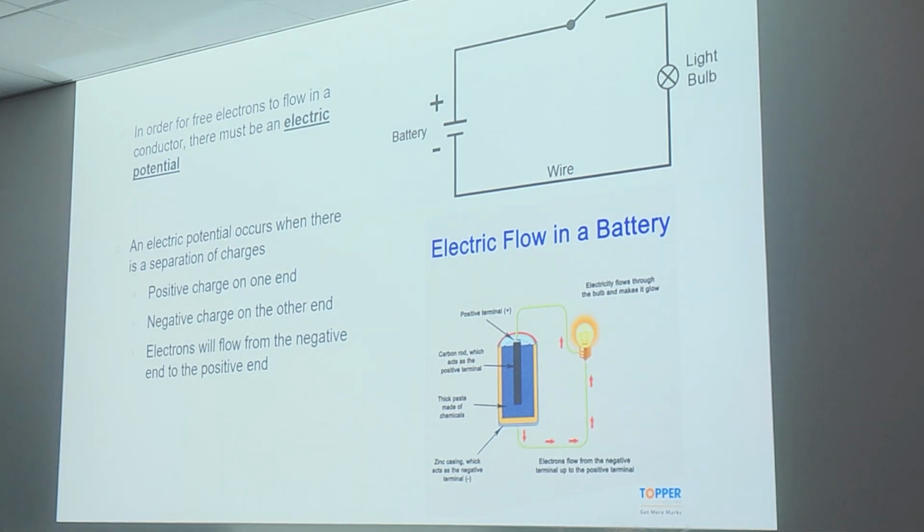In an X-ray circuit, or any circuit within electricity, in order for electrons to flow within a conductor, there has to be what we call electric potential. What we mean by electric potential is the ability to do work.